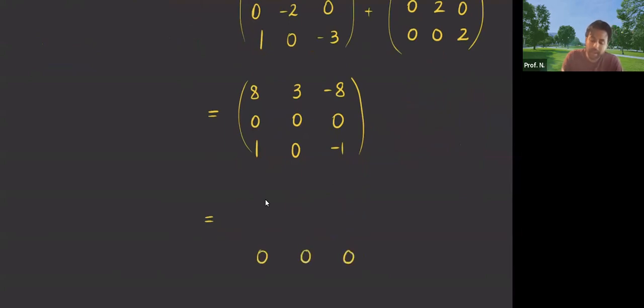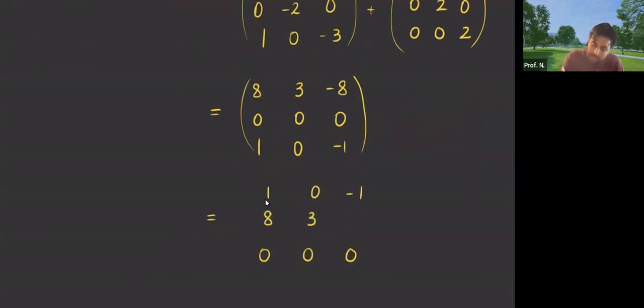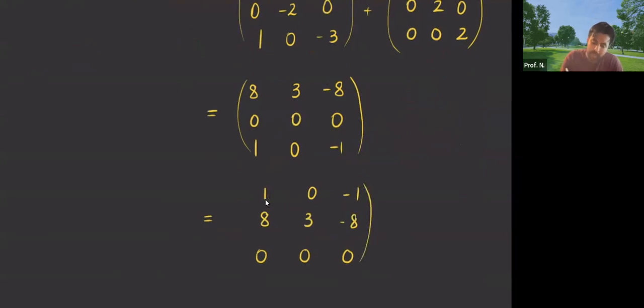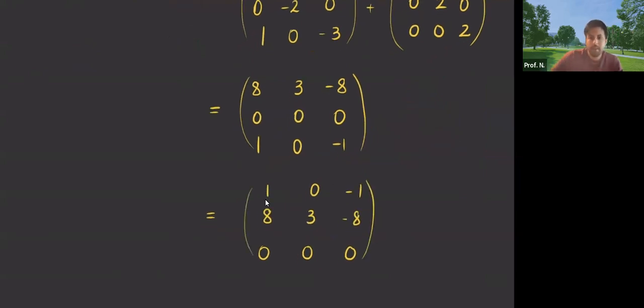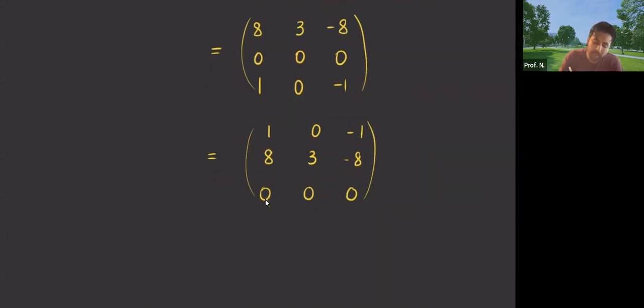I can switch that. And I'm also going to put the 1, 0, -1 on the first row, because that way I can eliminate that 8 very easily by just multiplying the top row by -8 and then adding it to the second row. So again, I find the null space by finding the row reduced echelon form.